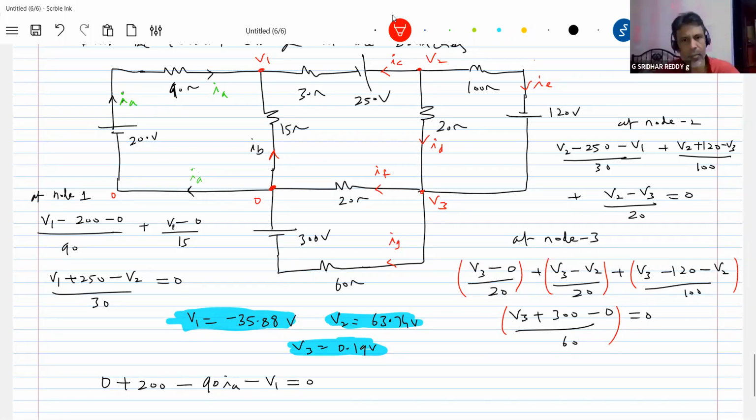Is that okay? So I'll show one more, for this branch. This will be V2 minus 100 IE plus 120 minus V3 equals 0. Substitute V2, V3 with sign, you get IE.